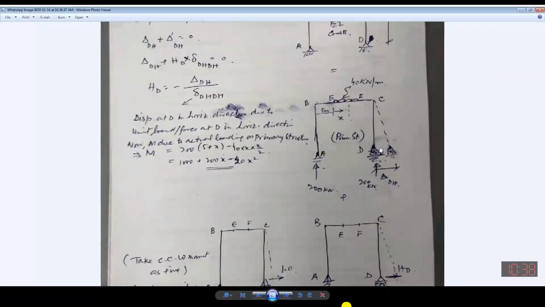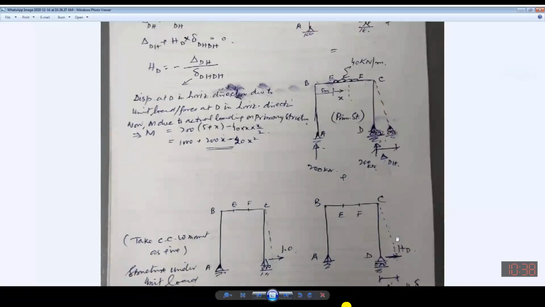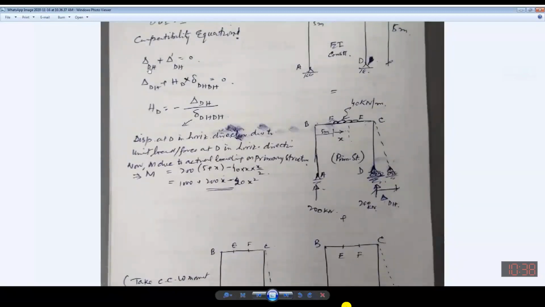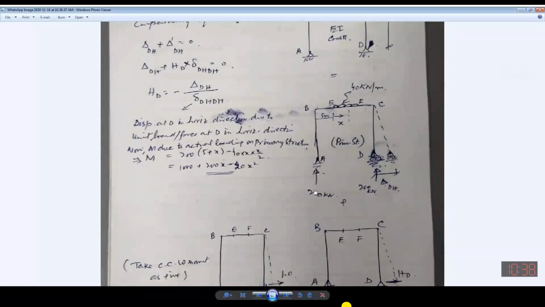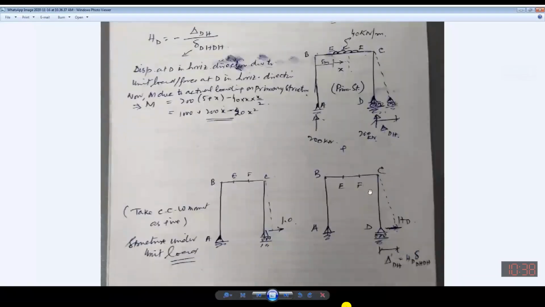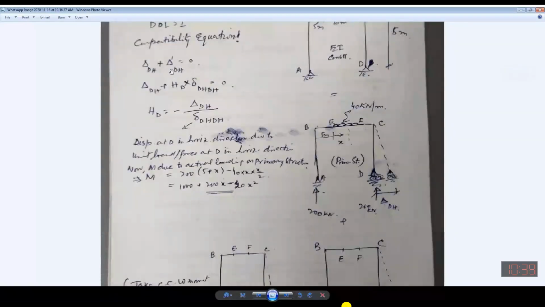Now, considering this compatibility condition, I can develop the equation. Delta dH plus delta dash dH must be equal to 0. Why are both positive? Because both have been given the displacement in the rightward direction, in the same direction, so I have taken both to be positive.